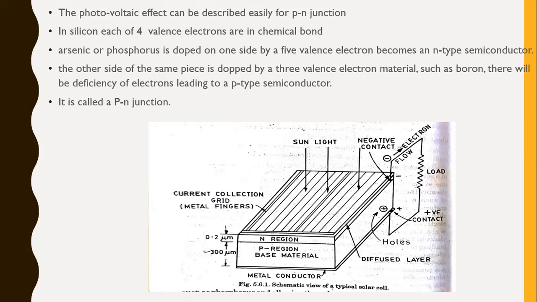In silicon we have 4 valence electrons, and in arsenic and phosphorus we have 5. So arsenic doped on one side of the silicon gives excess electrons on that side, and it becomes an n-type semiconductor.